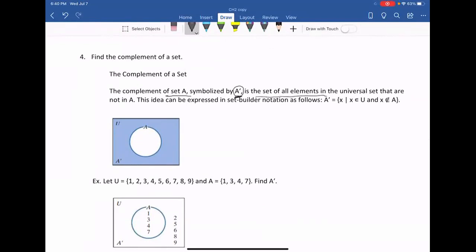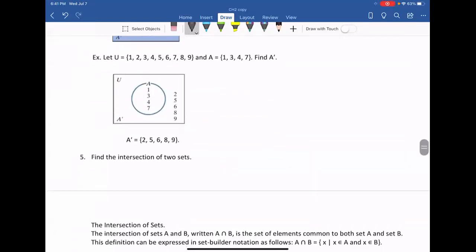It is the set of all elements in the universal set that are not in A. We can express it in set builder notation: the complement of set A is all the elements X such that X is an element of U, the universal set, and X is not an element of A. That means in this Venn diagram, you will see the blue area is the complement of set A.